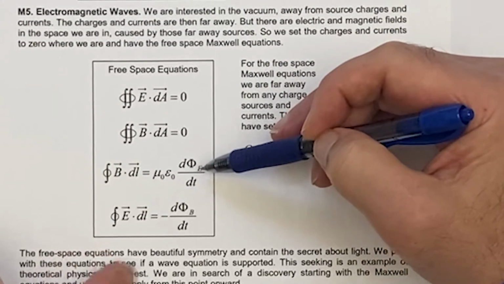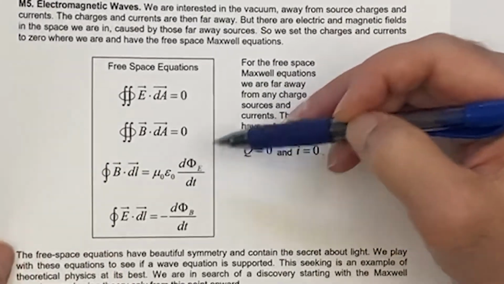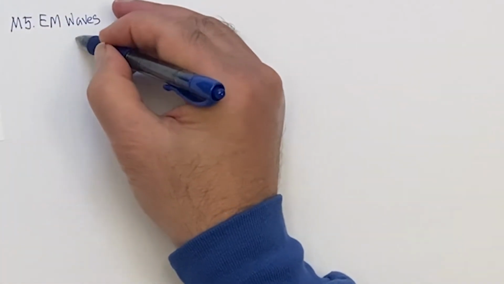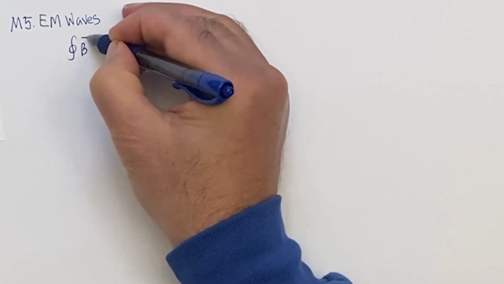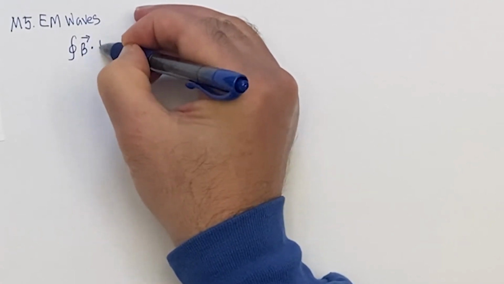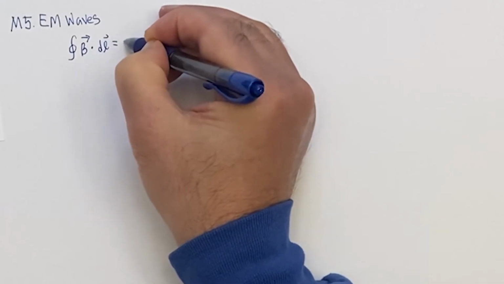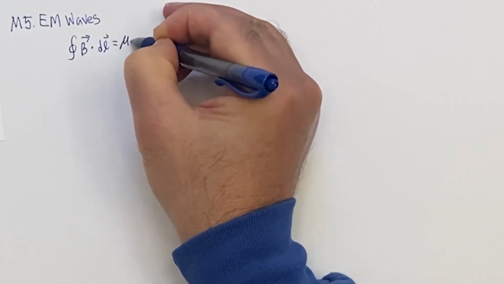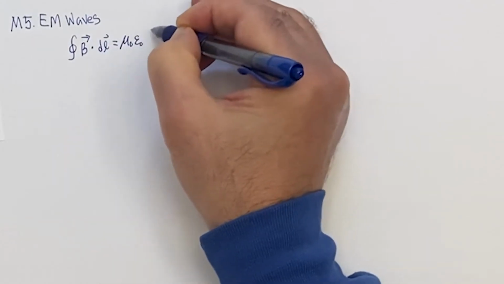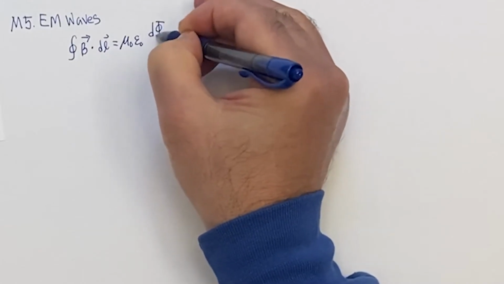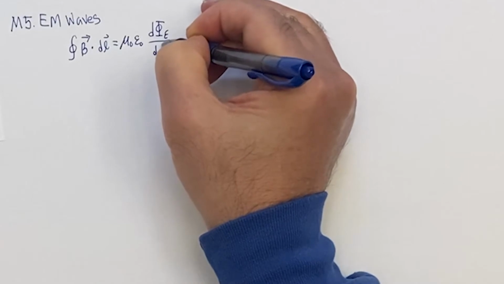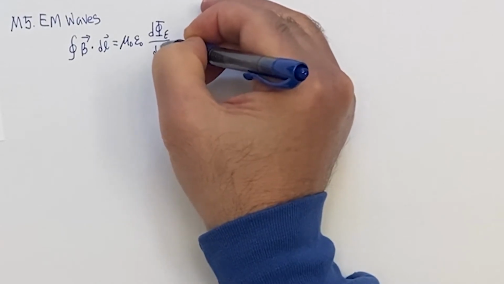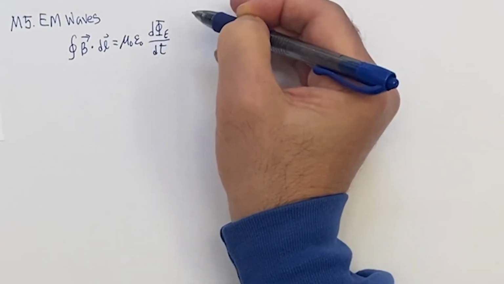Let's write these down. These are the shorter versions of the Maxwell equations, and the one that has a non-zero piece would be this one here: mu naught epsilon naught d phi e, the electric flux, dt.